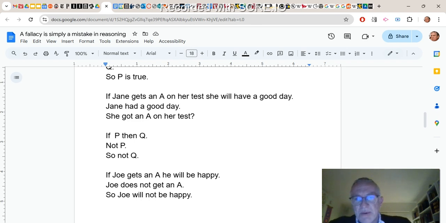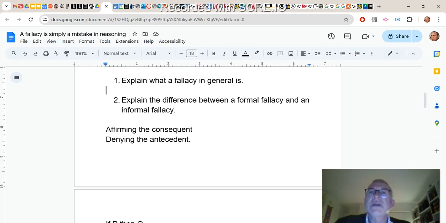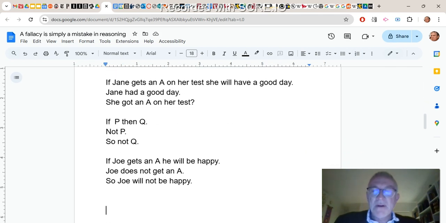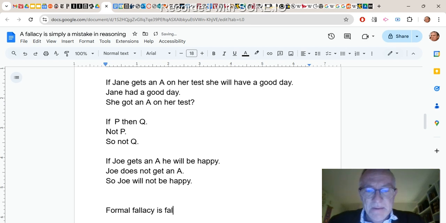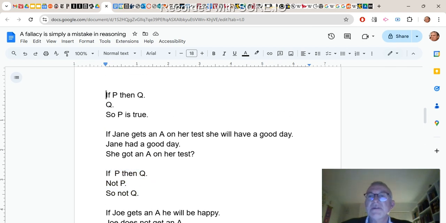So you should be familiar with these two forms of formal fallacy. And you should be able to, again, explain the difference between a formal fallacy and an informal one. Remember that a formal fallacy is fallacious due to its form. The idea is that anything that follows this form has got to be a fallacy.